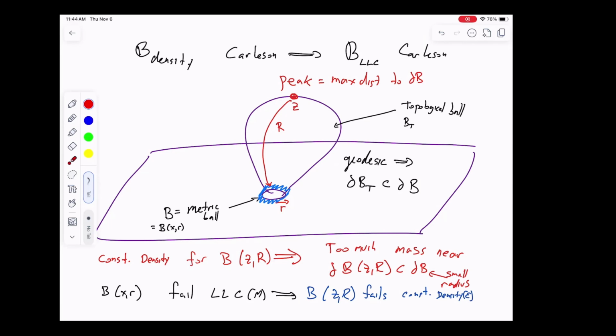If the ratio between the radii is too big, then this perturbation all happens inside this little R ball, and then you get a contradiction.